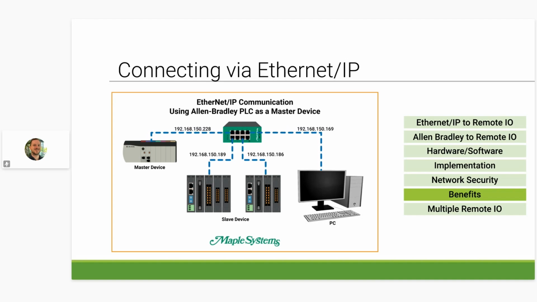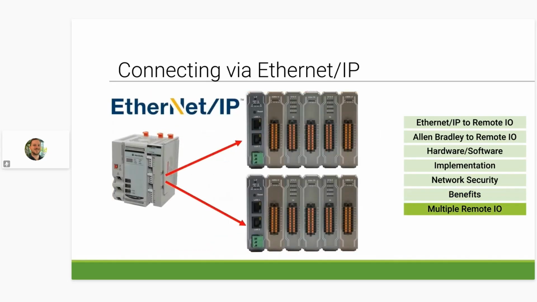Also scalability, which supports a wide range of devices and network sizes; diagnostic and monitoring capabilities, since EtherNet/IP provides advanced diagnostic tools; and standardization, as EtherNet/IP follows widely accepted IEEE 802.3 standards. In addition to this, adding multiple sets of remote I/O is simple and easy through the use of the EDS files that we discussed previously.